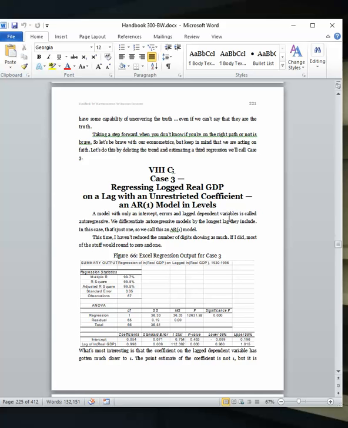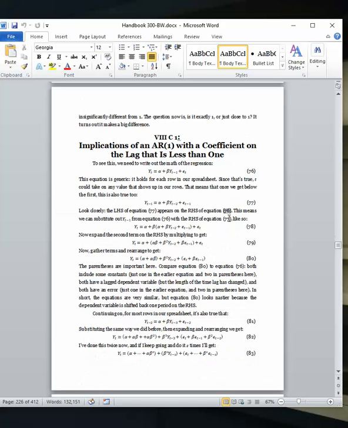So if I go forward a couple pages from here, page 222 has the math that we did in class on the board that discusses what happens if we continue to do a repeated substitution of the model in case 3. What we do in equation 76 is start out with the regression that we actually ran in case 3.